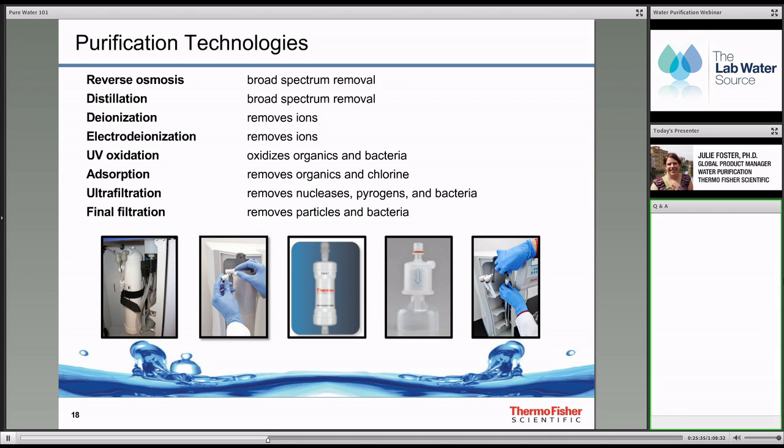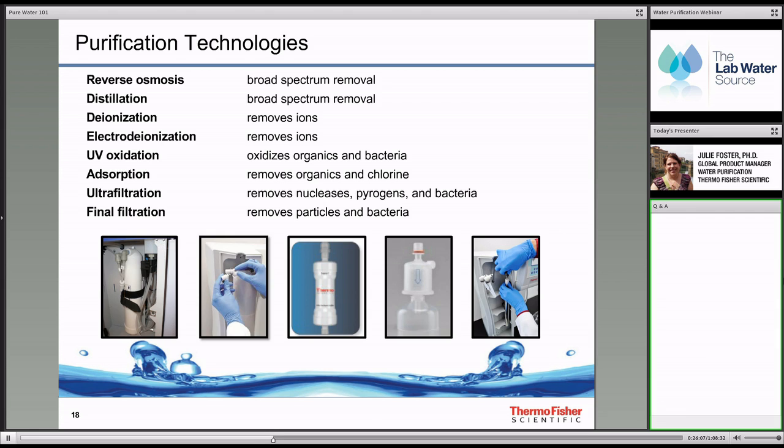You can purchase a still from some water companies. Actually, Thermo Scientific still sells stills. It's one of the first products we ever sold through the Barnstead line. So we still sell them, and we still have really great customers who are using them. But the other 7 purification technologies are the ones that we mix and match in a water system to get removal of impurities and to create the purified water.